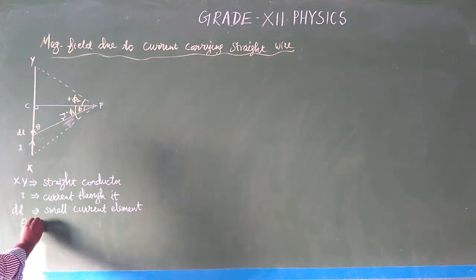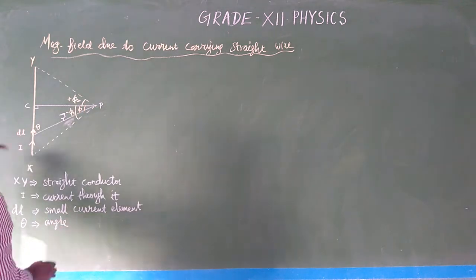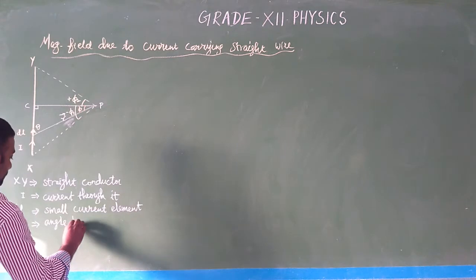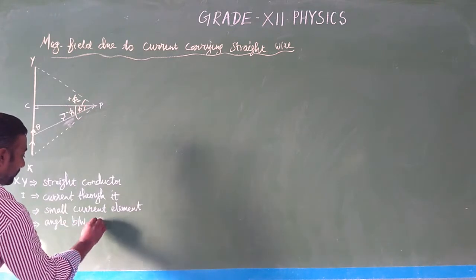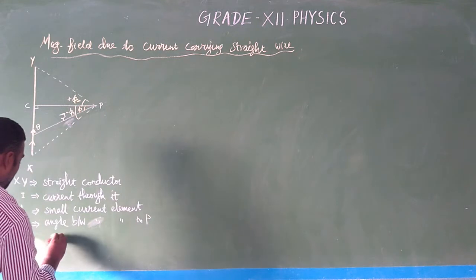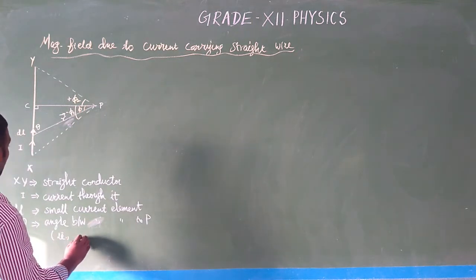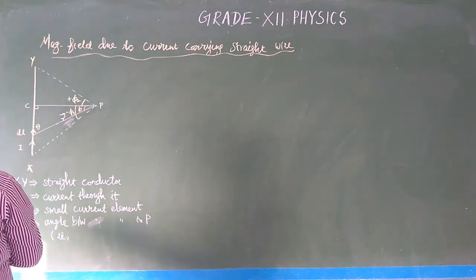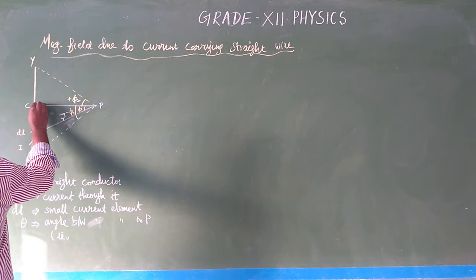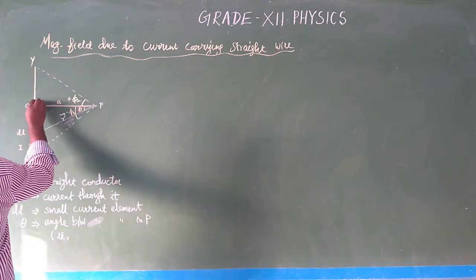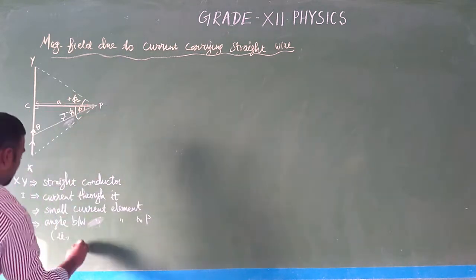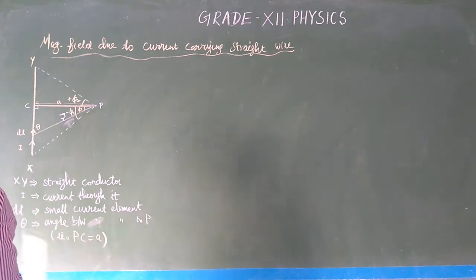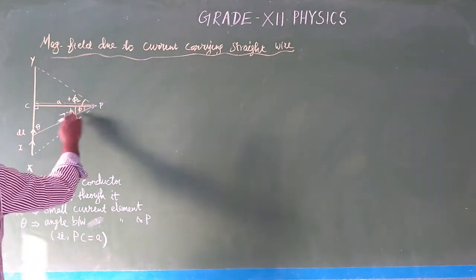And theta is the angle between the current element and the point P. The perpendicular PC is located at a distance A. That is PC is equal to A. Okay, and this point has position vector r vector.